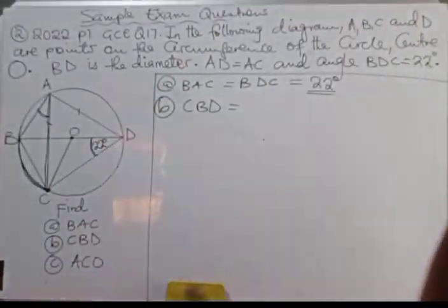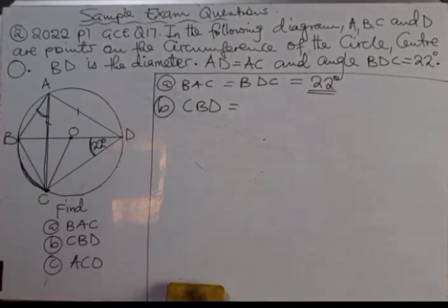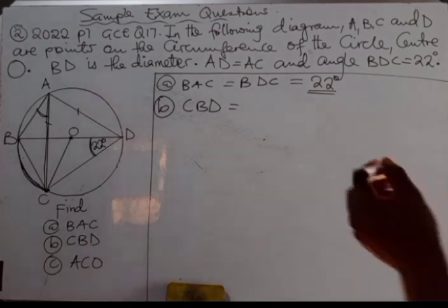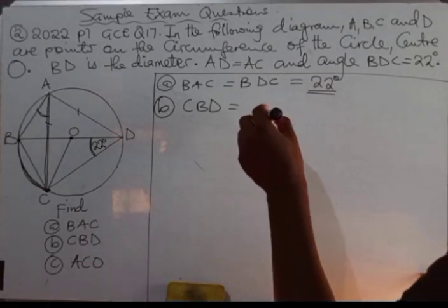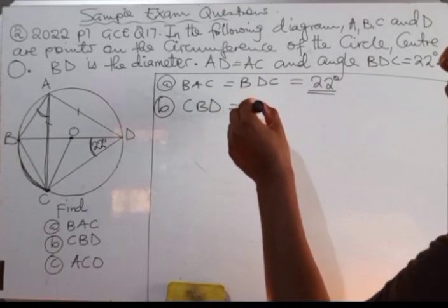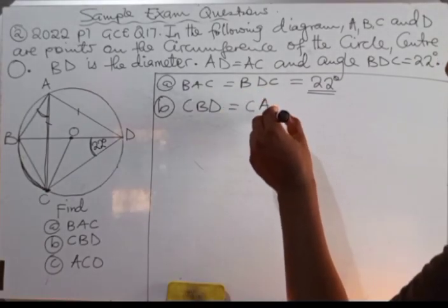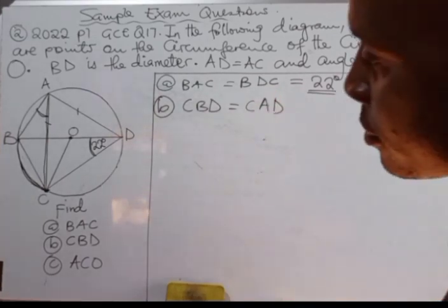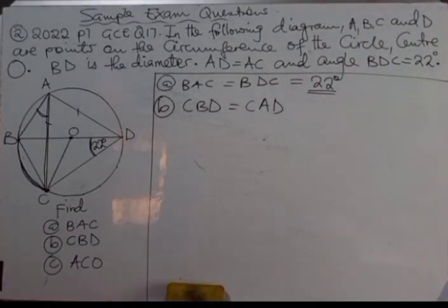We go to question B, where we have CBD. What is CBD? We have to find CBD. Now, CBD is the same as CAD. How are we going to do it?